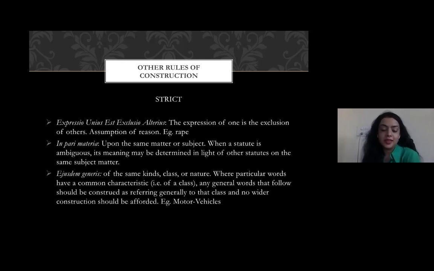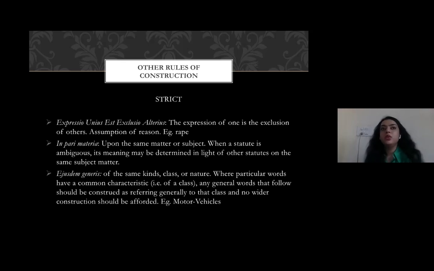Ejusdem generis, that means the same kind of class. Here, particular words have a common characteristic, and the general words that follow should be construed as referring generally to that class. For instance, a statute says that it is applicable to cars, scooters, and motorized vehicles.